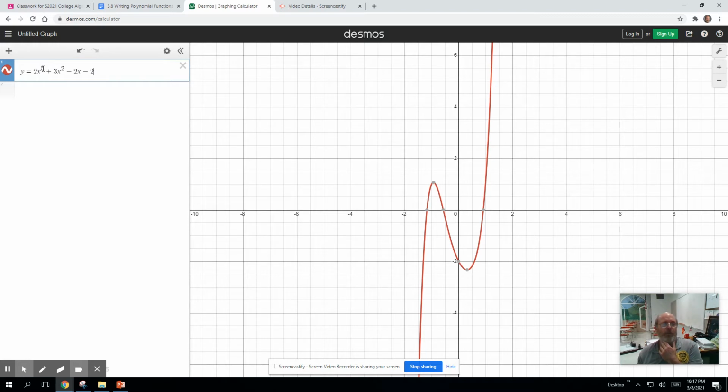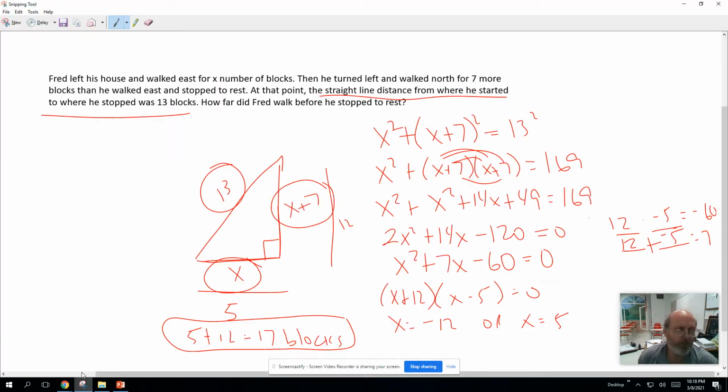So now still we have an odd degree, 5, and a positive leading coefficient, and the end behavior did not change. Notice as we go to the left, as x goes to negative infinity, the y's are still going down, so y goes to negative infinity. As we go to the right, as x goes to positive infinity, the y's are still going up, and y goes to infinity.